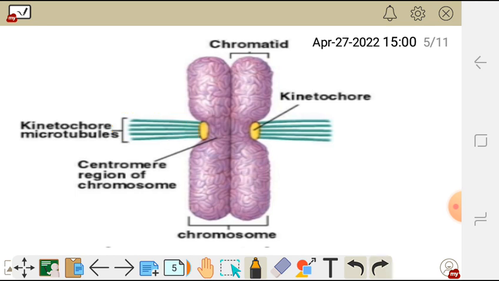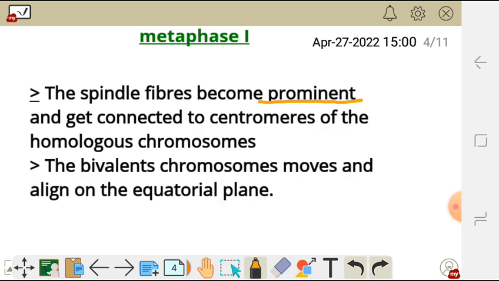They have extended from the centrosomes and they are attached to the chromosome at a region called the centromere. And the main region where it is attached, if you want to become specific, is that yellow part which is called the kinetochore. The kinetochore is the region where these microtubules, which are called the spindle fibers, attach to the chromosome. So that's what happens under metaphase 1.